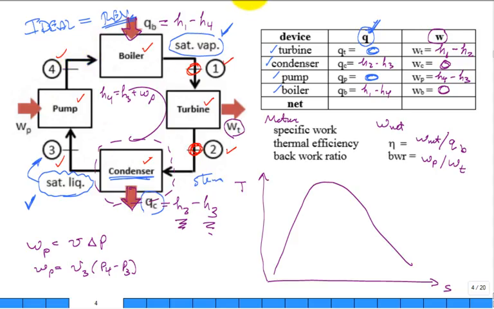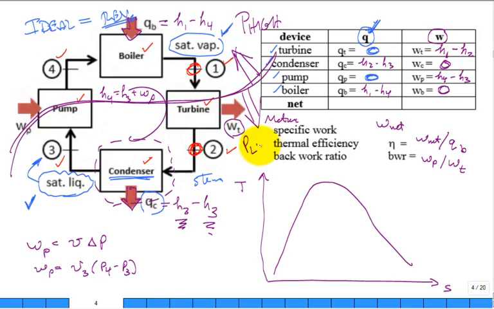So basically, if I cut this system in half, what is this side? Is it the high pressure side or the low pressure side? This is the high pressure, P high. And what is this side? P low.